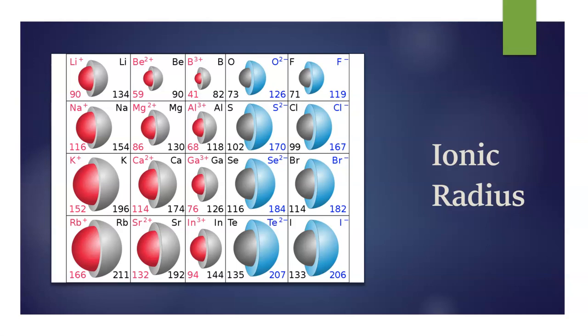Cations form when an atom loses electrons, remember, usually becoming isoelectronic, which just means having the same number of electrons, with the noble gas of the previous period. All cations are smaller than their parent atoms. The higher positive charges make the size difference between neutral and cationic atoms even more drastic.